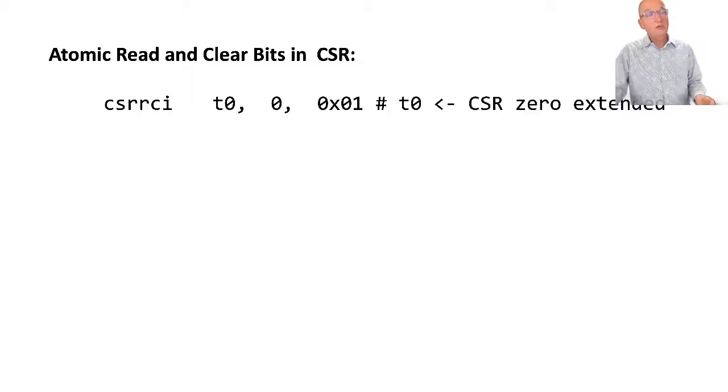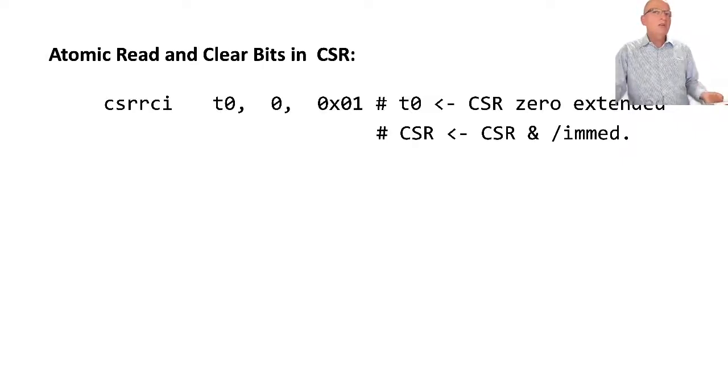I can also do an atomic read and clear bits in CSR where I do not use a second register to specify which bits are going to be cleared. I use an immediate value. So again, that bar means negation. So I'm going to negate the immediate value and then do an AND with CSR.